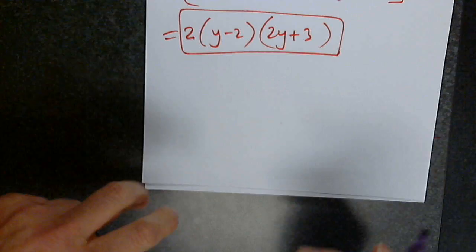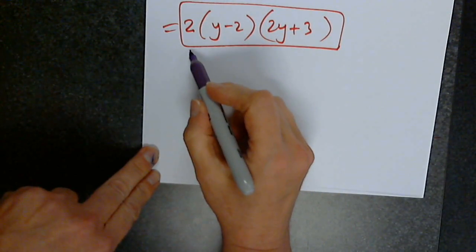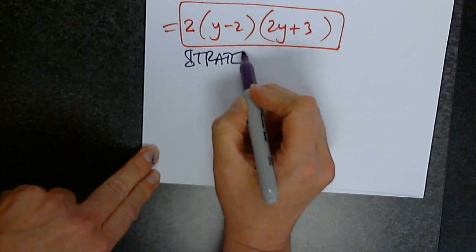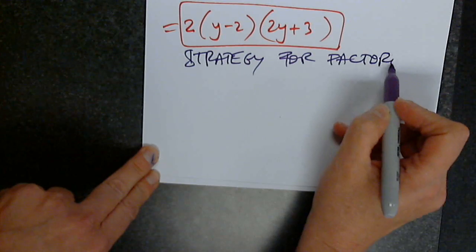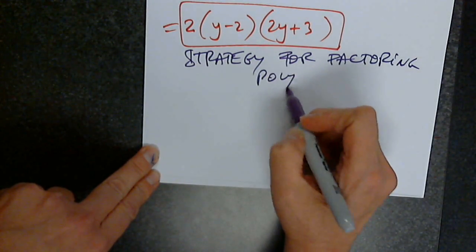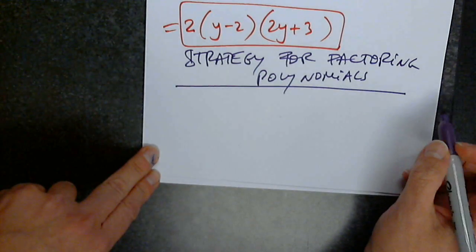Okay. The strategy for factoring polynomials. Last one. This is it. Strategy for factoring polynomials. By polynomials, we mean 4 terms or more.